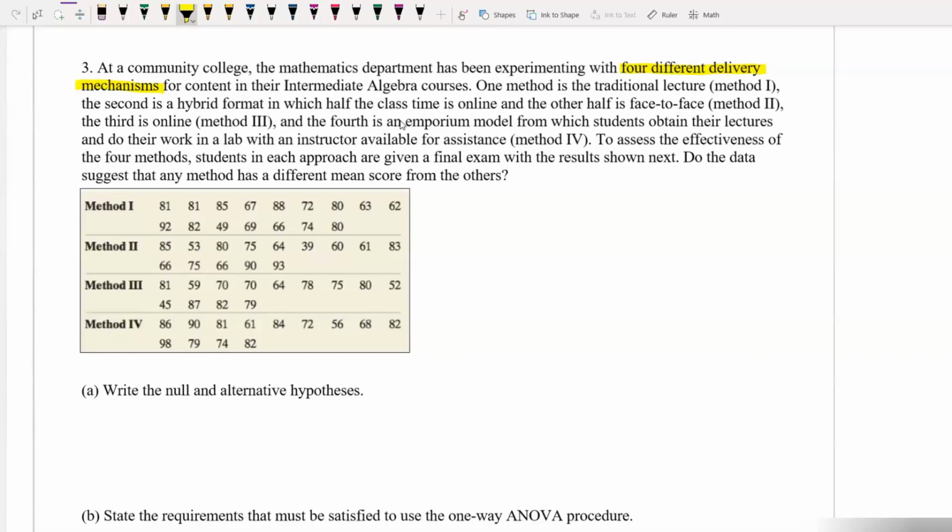So one method is traditional lecture. The second is hybrid. The third one is online. And what else we have? So do their homework in lab with an instructor available for assistance. That is method 4.